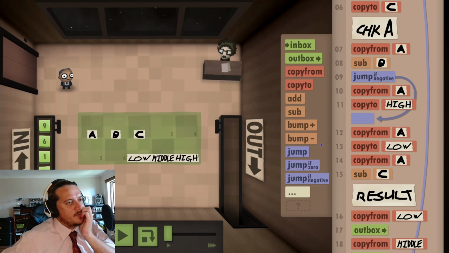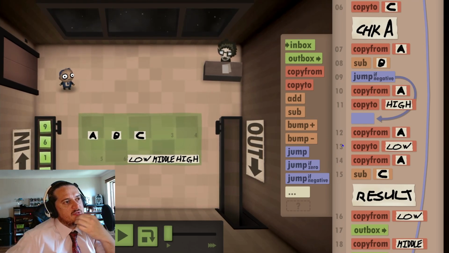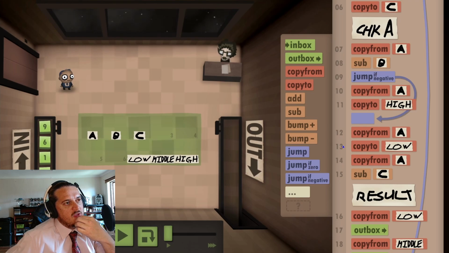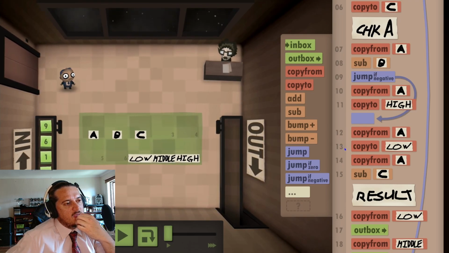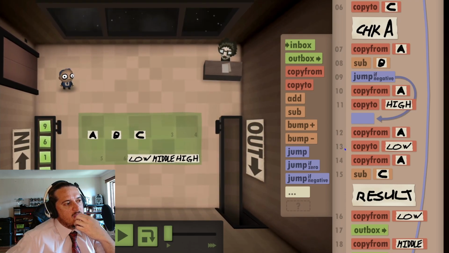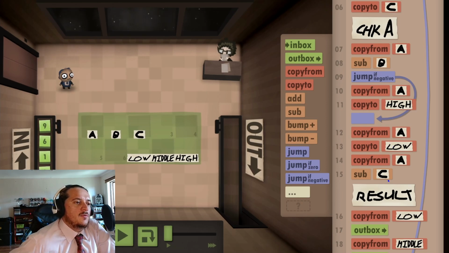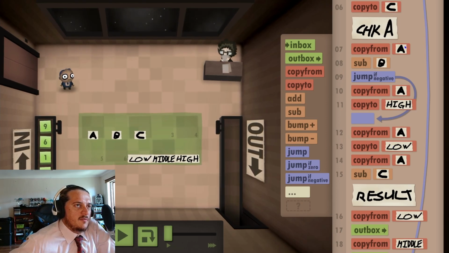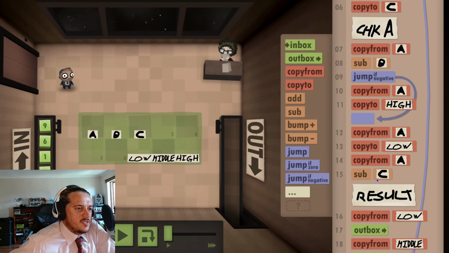No, how's that going to work? Copy from A and sub C. So here I'm checking A against B, then I'm going to check A against C.